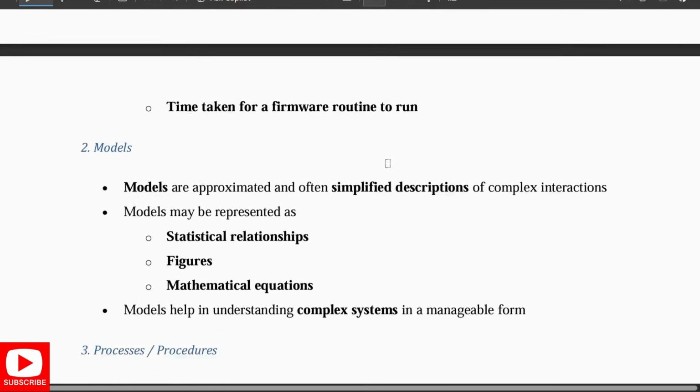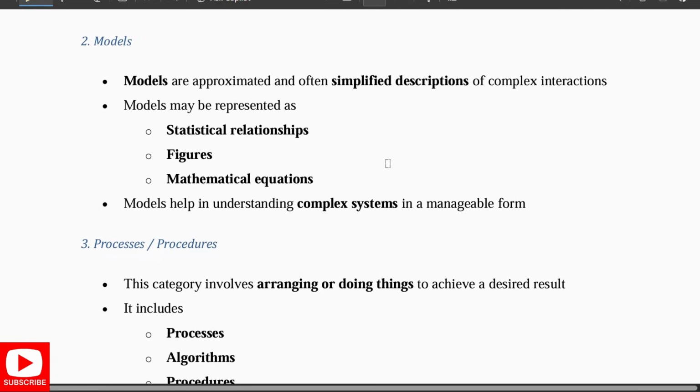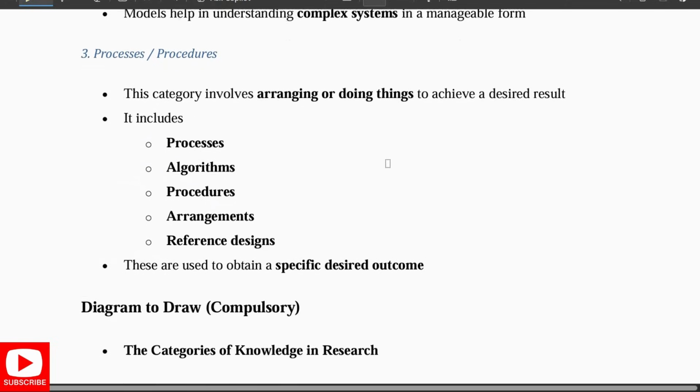Then comes the model, the second one. This is an approximated, and often simplified, description of complex interactions. Like a statistical relationship, you will write it in a simple format, such as figures or mathematical equations. This will help in understanding complex systems in a manageable and easy format. Next comes the process or procedures.